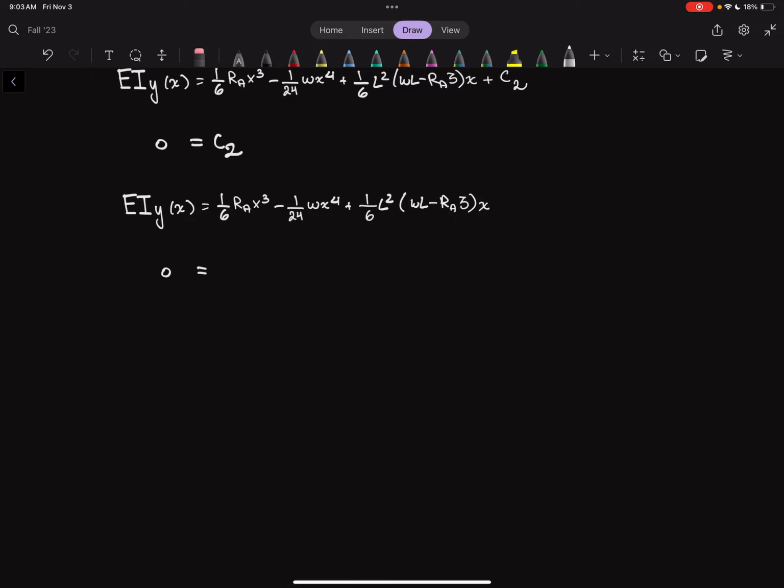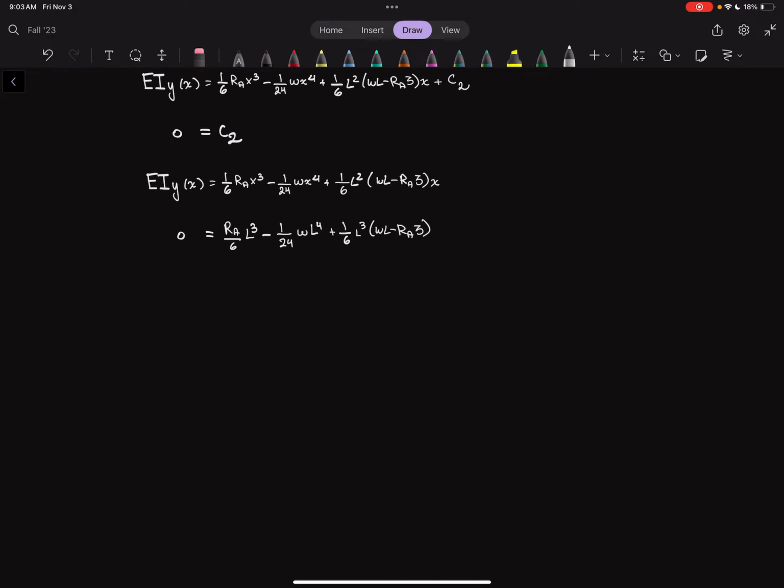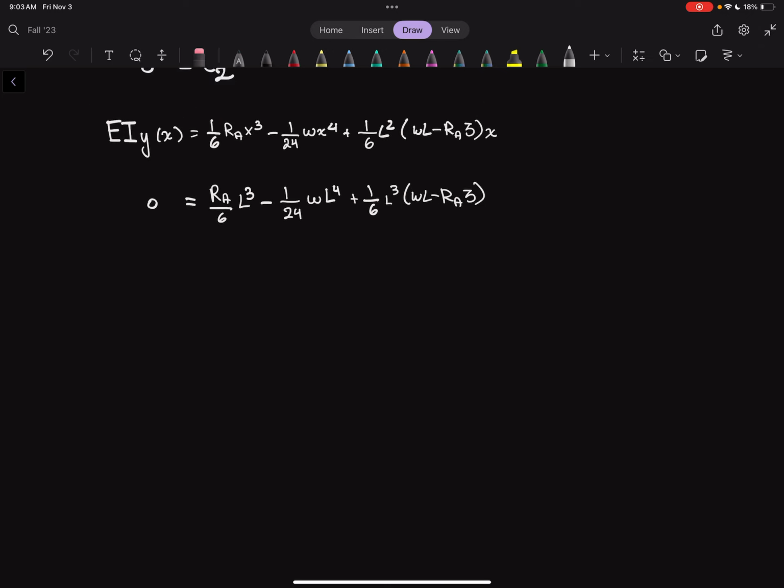So at 0, we have RA over 6 times L to the third minus 1/24 W times L to the fourth plus 1/6 L to the third times WL minus RA times 3. And so now we know L. We can solve for RA, or we can solve for W, depending on what we know and what we don't know.